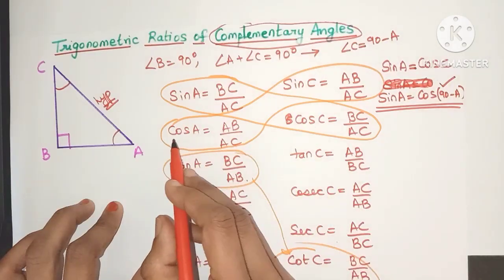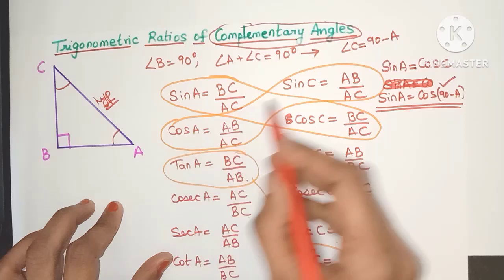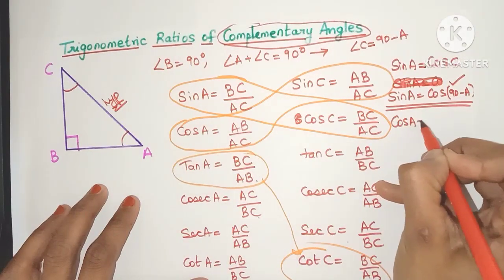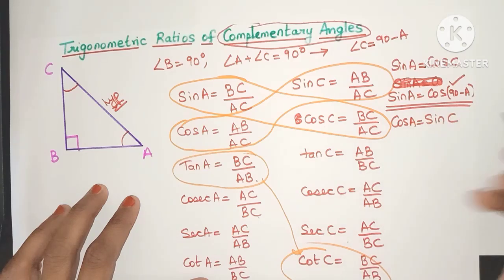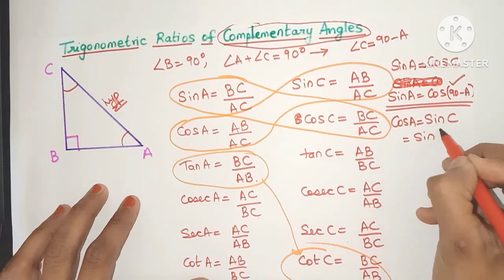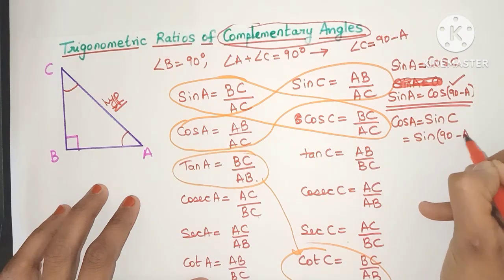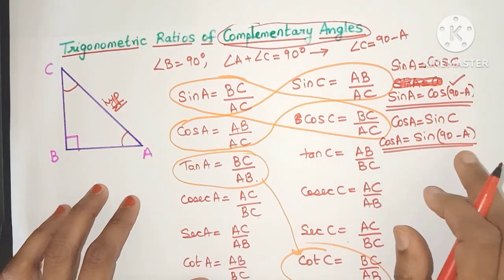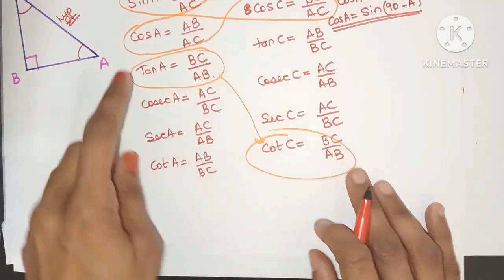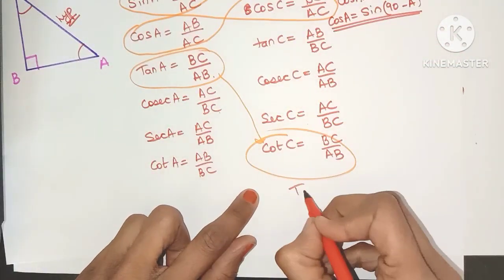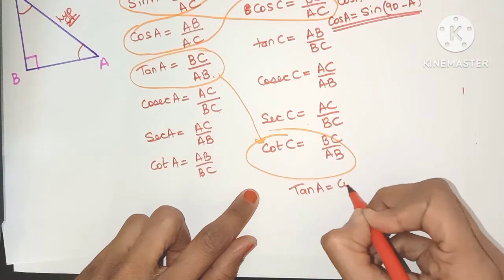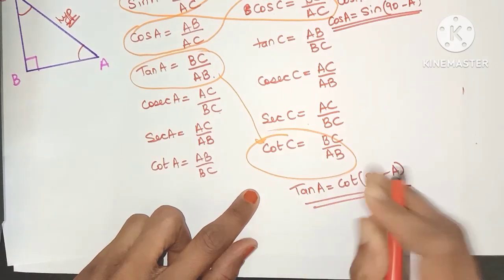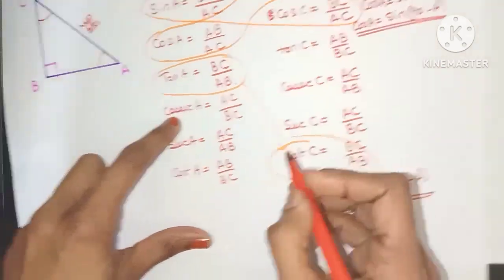Okay. Similarly, look at cos A. Cos A and sine C are the same. So, can I write cos A as sine C? Yes. But again, I'm going to write C as 90 minus A, which means cos A is sine of 90 minus A. In the same way, look at this, tan A and tan C. So I can say that tan A is cot of C, I can write as 90 minus A. In the same way, friends, cosec A also.